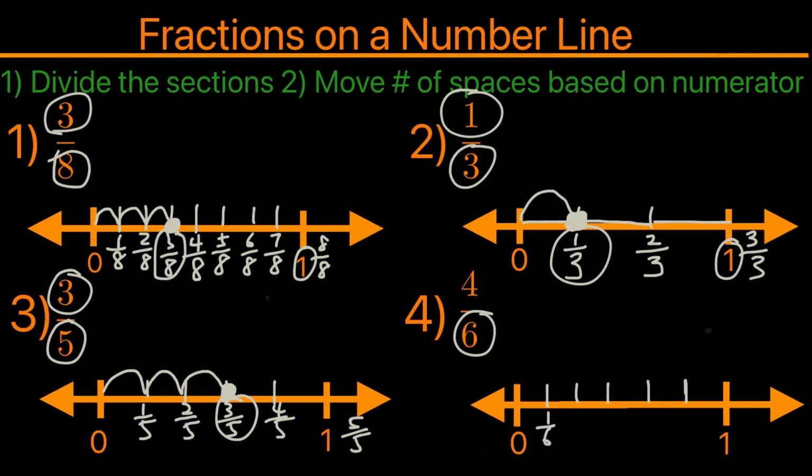That's 1/6, 2/6, 3/6, 4/6, 5/6, and finally the 1 is 6/6. So the numerator is 4, moving 4 spaces, and that will land us exactly on 4/6, and that's where we will plot the dot.